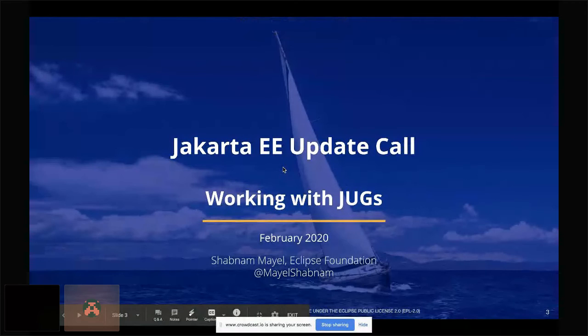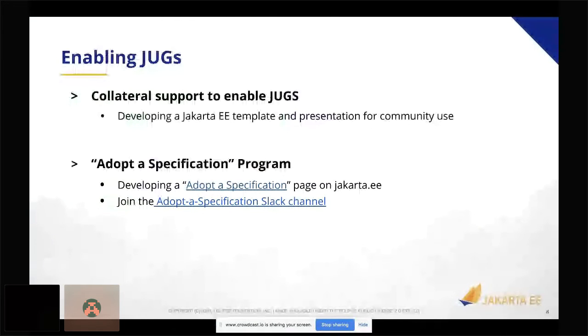I would like to share with you some of the initiatives that we're currently working on to enable Java user groups. As a part of the 2020 Jakarta EE program plan goals to grow the developer community and increase Jakarta EE developer participation, we're working on ways to enable JUGs and get them informed about and involved more in Jakarta EE.